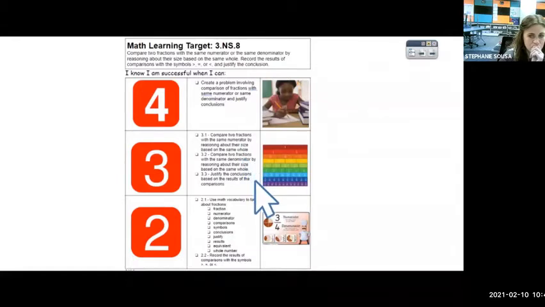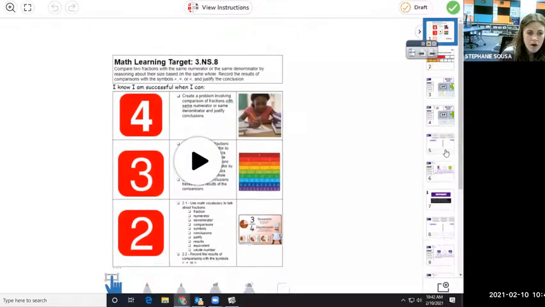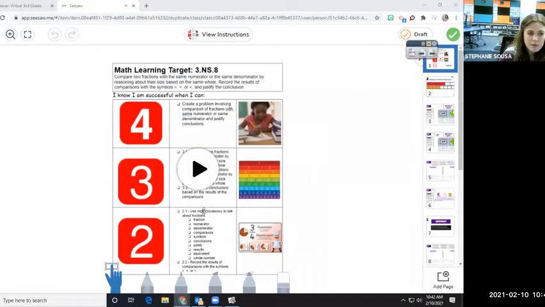We will be using our vocabulary to justify comparing to the whole number, using the words denominator, numerator, and fraction, and making sure that we have a good understanding of these vocabulary words to help us sort and compare fractions today. All right, so those vocabulary words are what I should be hearing in explanations.